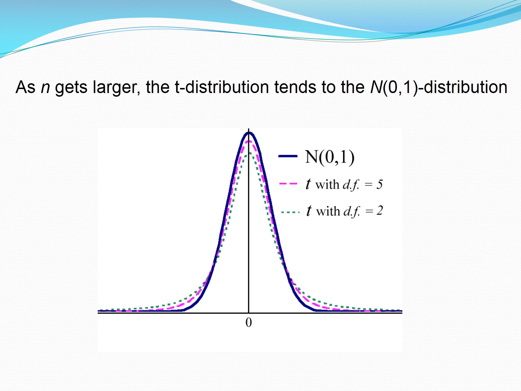For example, if the line in blue indicates the standard normal distribution, then the line in pink indicates a sample size of 6, which means that our degrees of freedom will be 5, and the line in green indicates a sample size of 3 and our degrees of freedom will be 2. So you will see that as my sample size increases, my t-distribution will tend more towards the standard normal distribution, so the variation will become less.